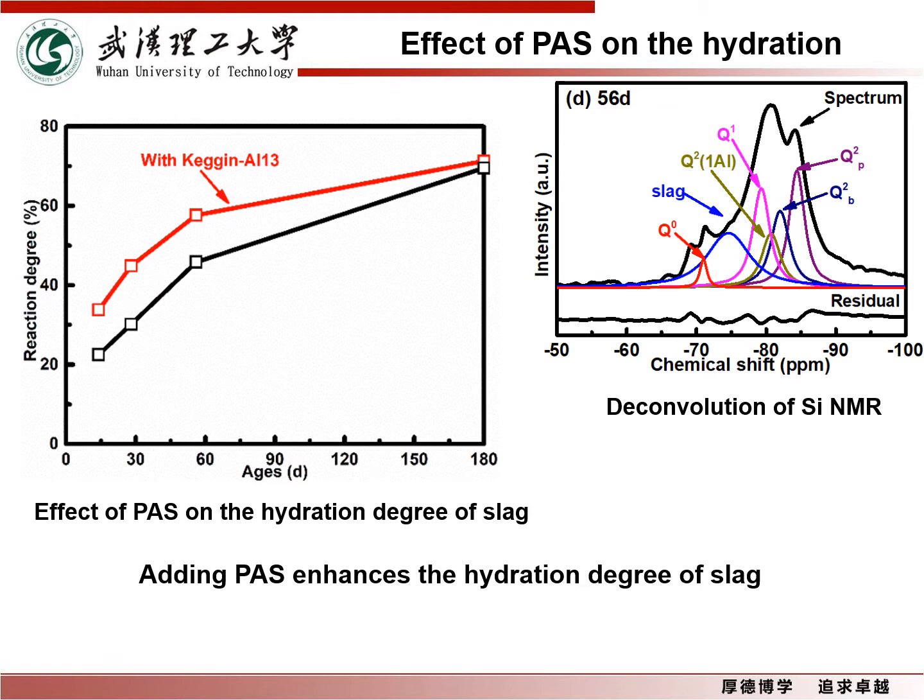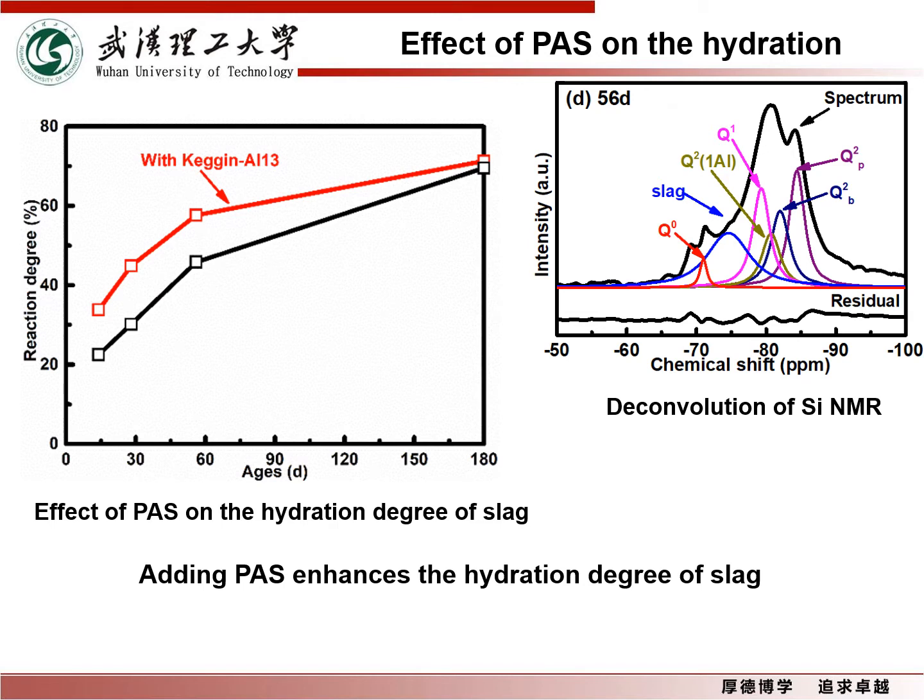After deconvolution, we calculated the average reaction degree of the slag particles at different ages. This figure shows that adding PAS with a dosage of 2% by mass improves the hydration degree of slag in the blended pastes at 14, 28, and 56 days.